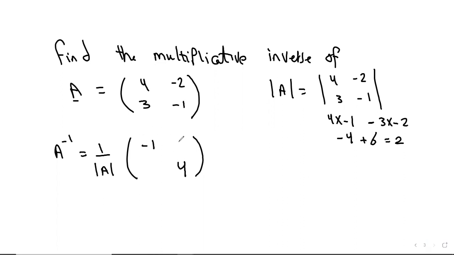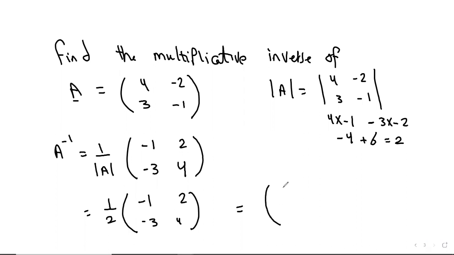Exchange the main diagonal, then exchange the sign of the other diagonal. So -2 will be 2, and 3 will be -3. So it will be 1 over 2 multiplied by -1, 2, -3, and 4. So half times -1, it's -half, and half times 2, it's 1, and half times -3, it's -3 over 2, and half times 4, it's 2. This is the multiplicative inverse of the matrix A.